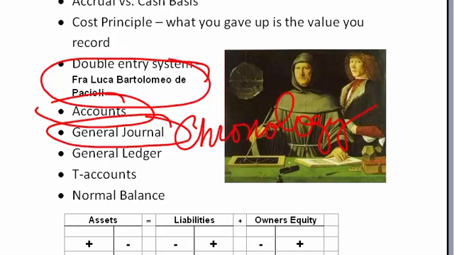So a general ledger is a listing of each one of these accounts: a cash account, accounts receivable, inventory, prepaid insurance, prepaid expenses, etc. It's with those general ledger accounts that you can see how much money is in each one of those accounts.